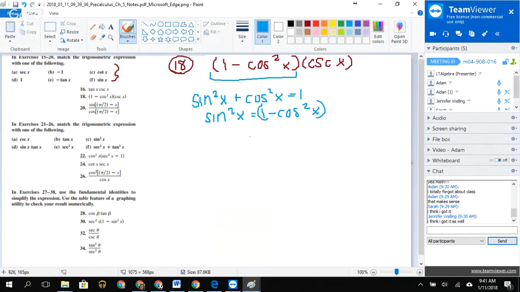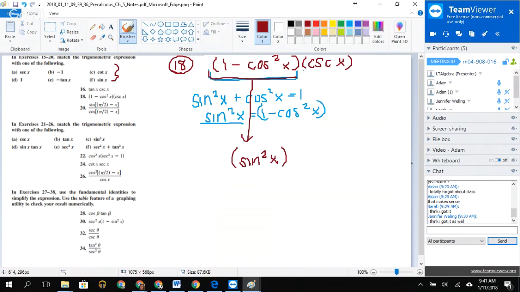And instead of 1 minus the cosine squared of x in our original expression, let's try plugging in the sine squared of x. So we're going to rewrite it as the sine squared of x. See if that helps us out.